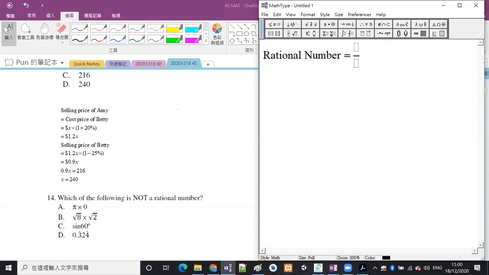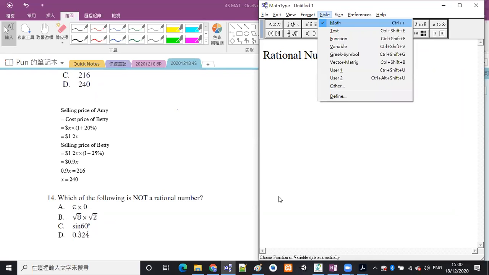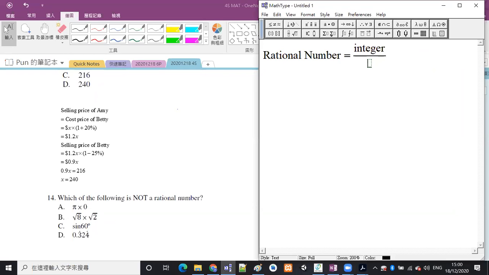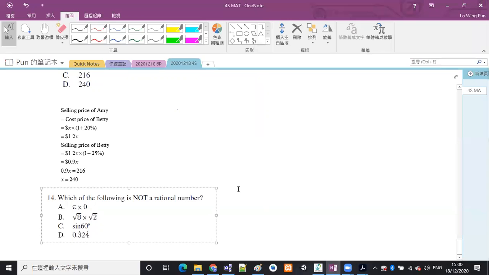A rational number is a number which can be expressed as an integer divided by a positive integer. Integer over positive integer. If a number can be expressed in this form, then it is a rational number. So this is the definition of rational number.